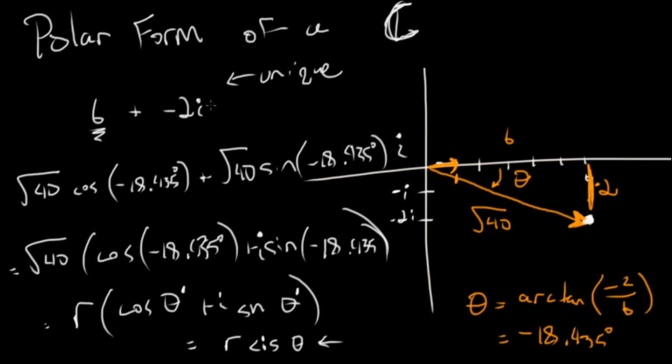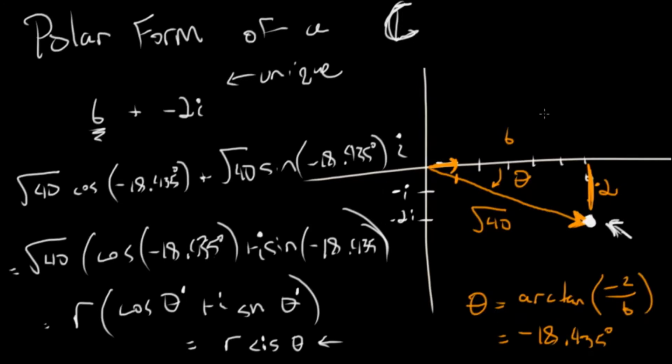If you're using the rectangular form of a complex number, 6 plus negative 2i is the only way to write this number. But r cis theta is not the only way. Root 40 cis negative 18.435 degrees is not the only way to write this point. There are multiple ways to write complex numbers in polar form.